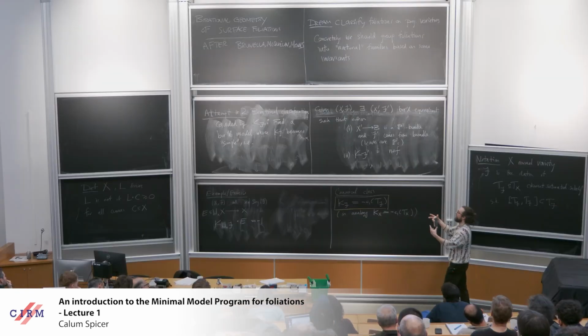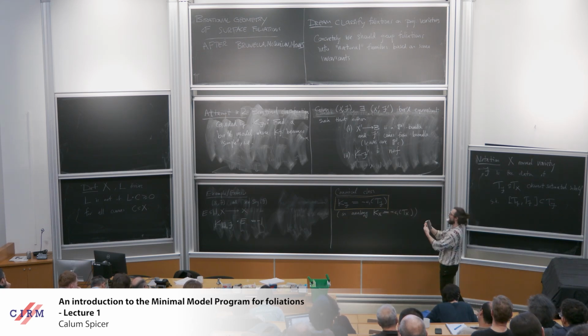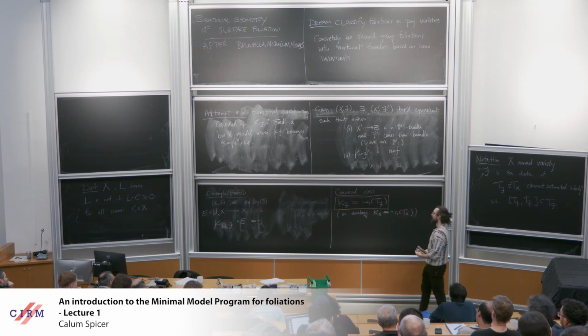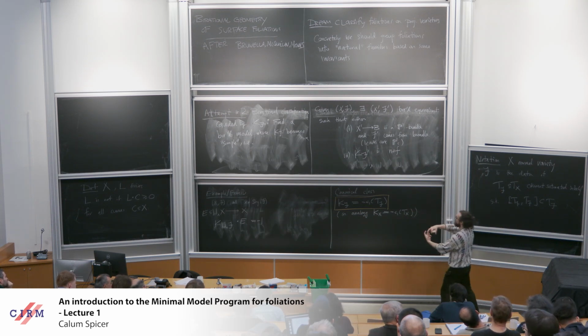You could think morally, the failure of the canonical divisor to be NEF is detecting a lot of additional birational complexity in the surface. And the idea of the minimal model program, which I'll describe in a bit, is to reduce that birational complexity by making KF NEF.